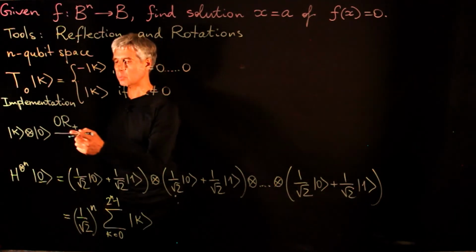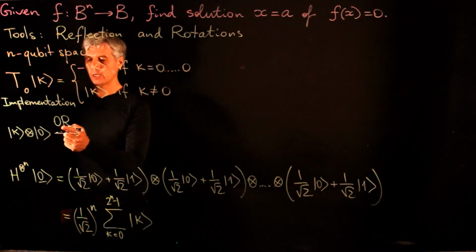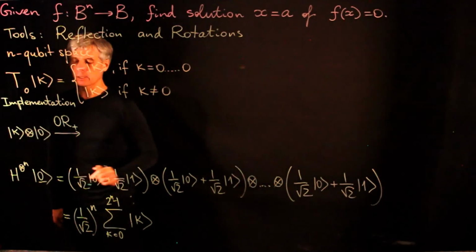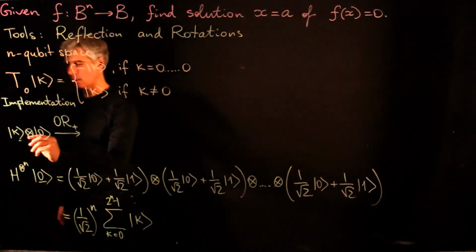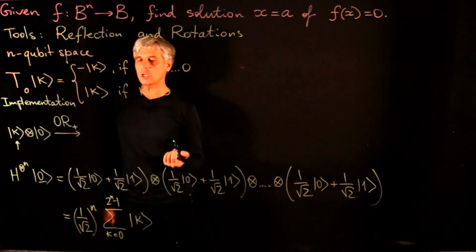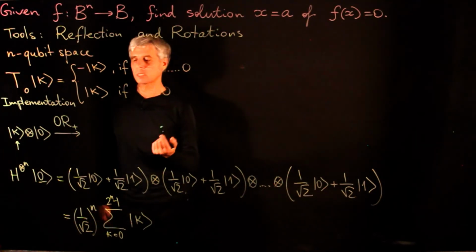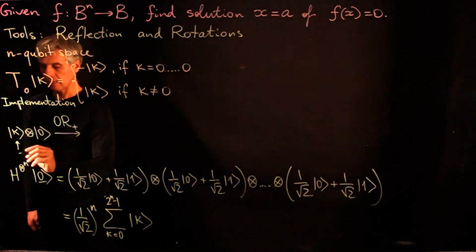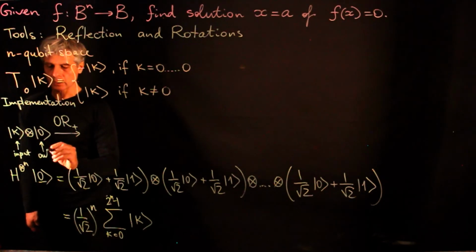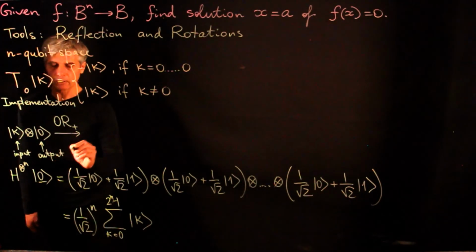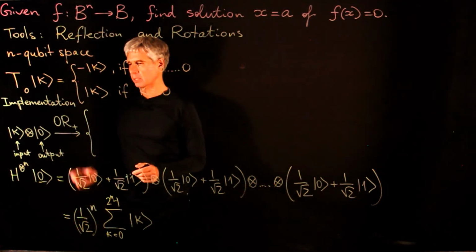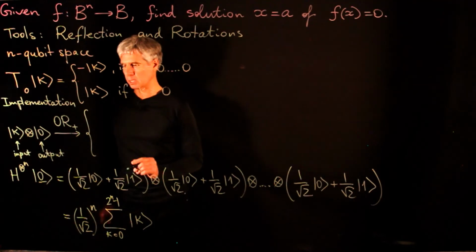Here this will be an extended OR, which is an OR applied to the n bits of this input k. As we said in quantum implementations of classical computations, we need to put together input bits and output bits. Here this k is considered as input, and the 0 represents the single output bit.